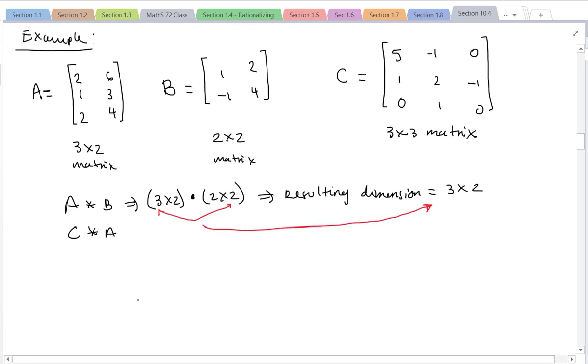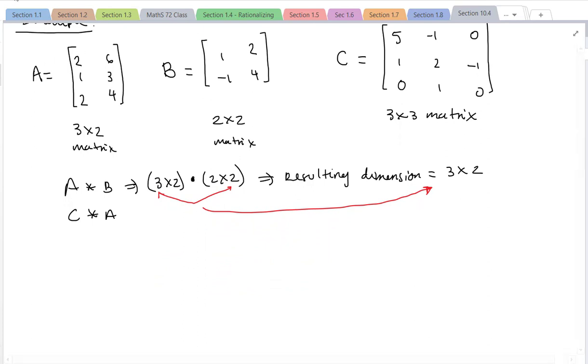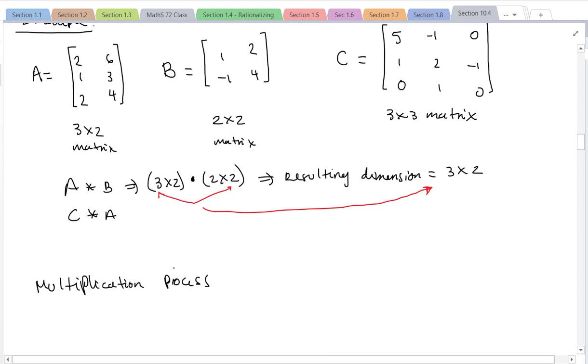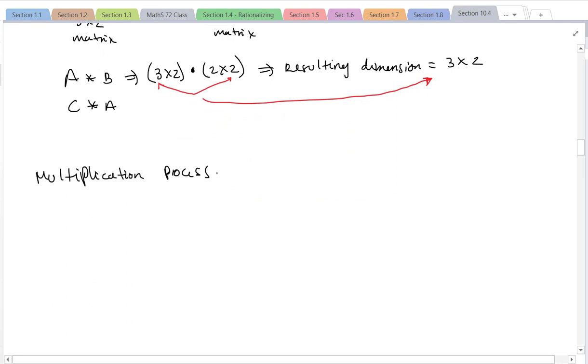So how do you multiply two matrices? So the multiplication process, and I'm going to do it sort of in general, and then we're going to go through our actual matrices. So if I have a matrix and I have the ith row, and it has some entries, we don't know what they are, so I'm just going to do that.